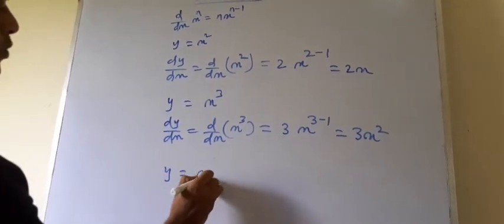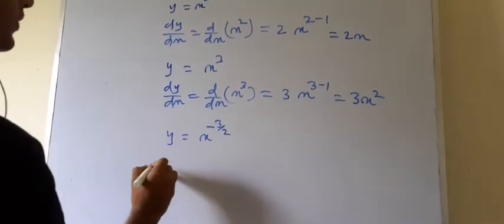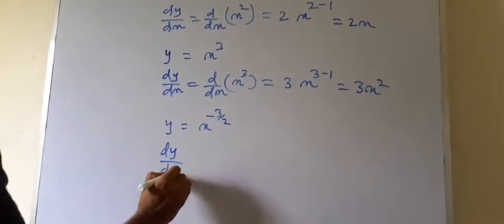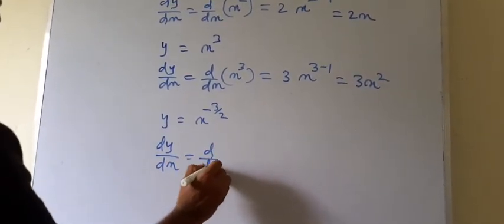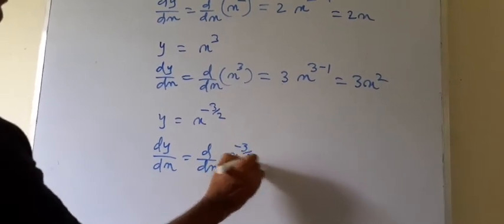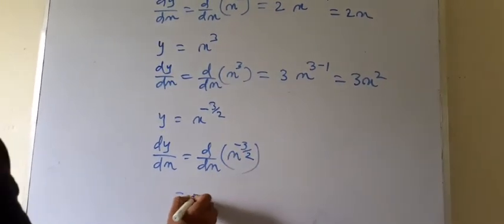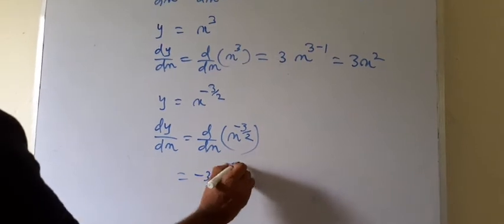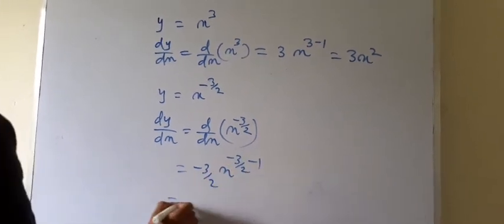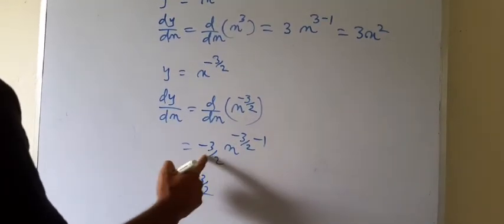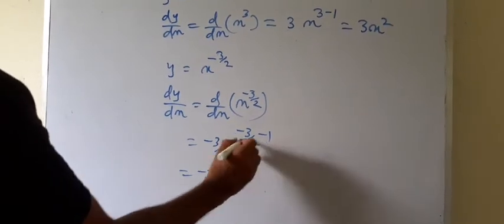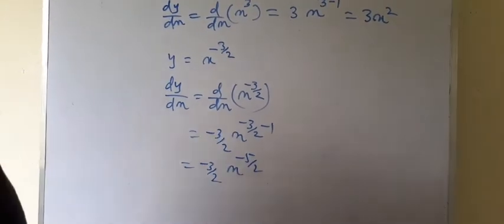Similarly, let's say y equals x to the power minus 3 by 2. Now dy by dx equals d by dx of x to the power minus 3 by 2. Here n is minus 3 by 2, so x to the power minus 3 by 2 minus 1, which comes to minus 5 by 2. Simple.